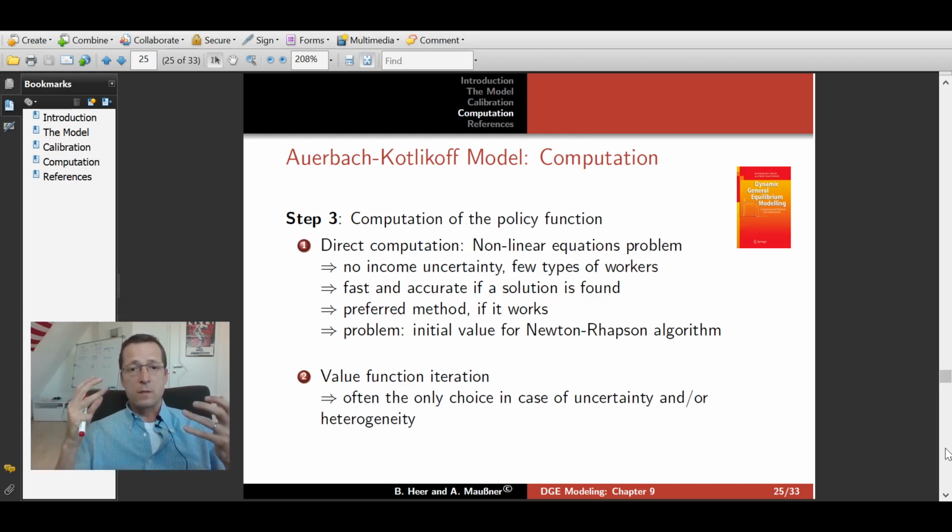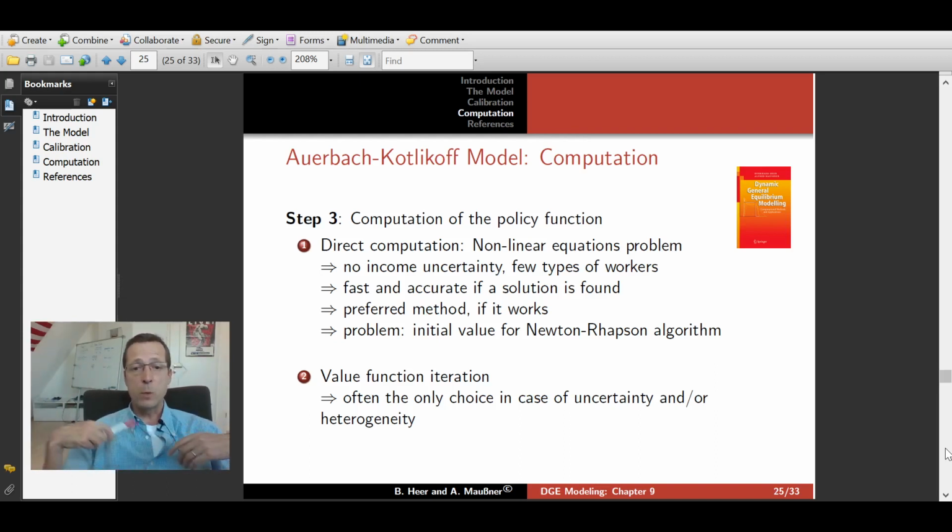This is feasible whenever there's no income uncertainty and we only have few types of workers. So imagine we would have 100 different kinds of workers in each cohort and consider heterogeneity. Then our number of nonlinear equations, which is now 99, would of course increase by 100-fold almost when we also allow for heterogeneity.